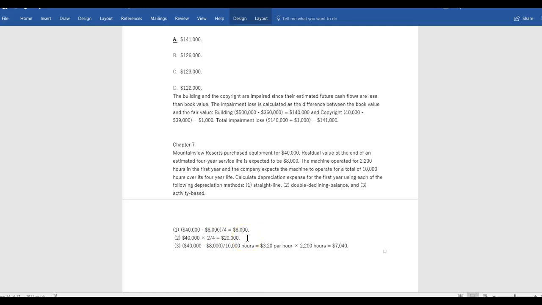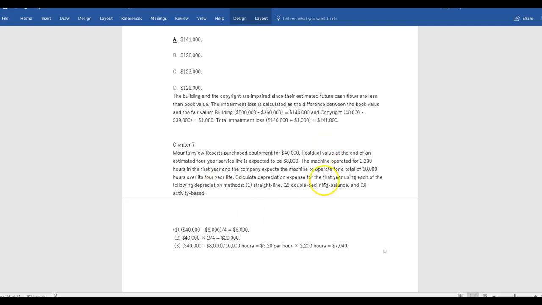Then, lastly, activity-based, it tells us here that the machines are estimated to operate for 10,000 hours, and in the first year they operated for 2,200 hours.